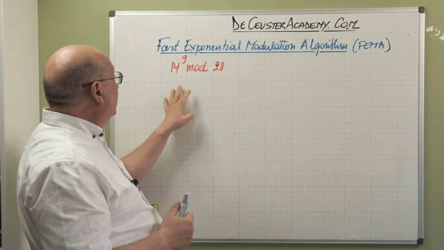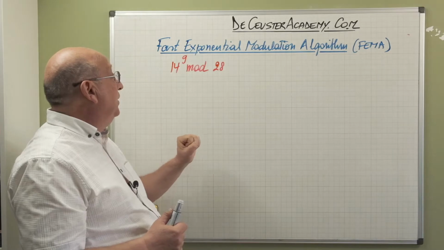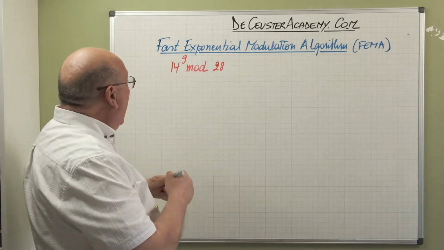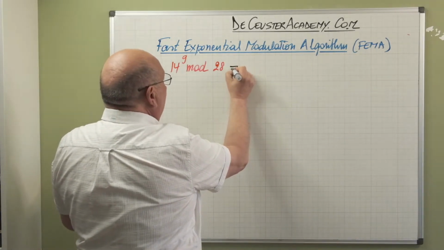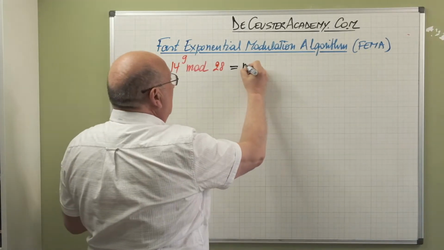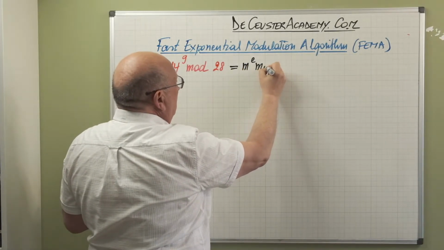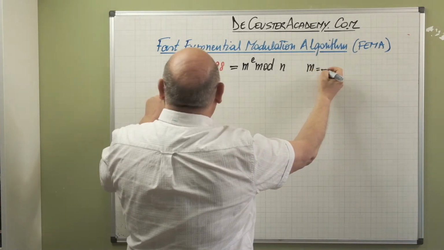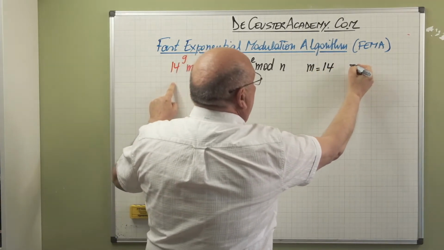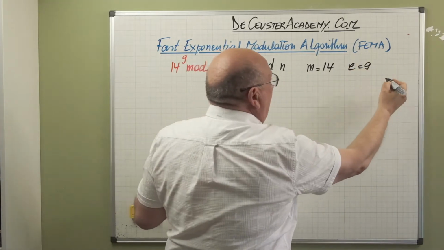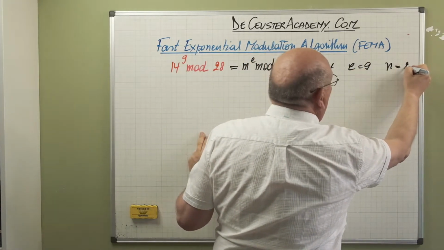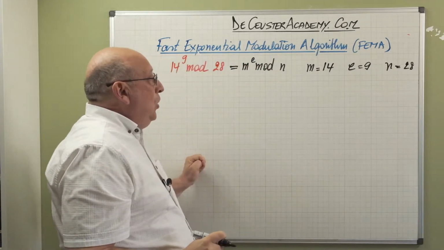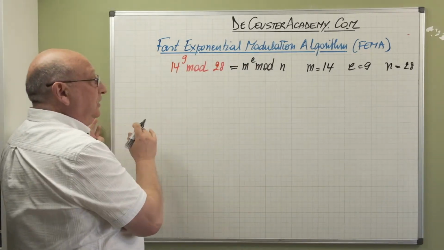This is the example we're going to look at, 14 to the power 9 modulus 28. And we can say that this is equal to m to the power e modulus n. M in this case is equal to 14, e is 9, and n is 28. What we're going to do is in different steps.